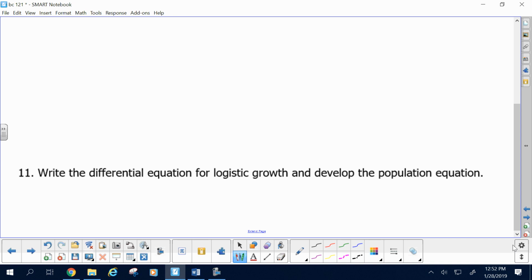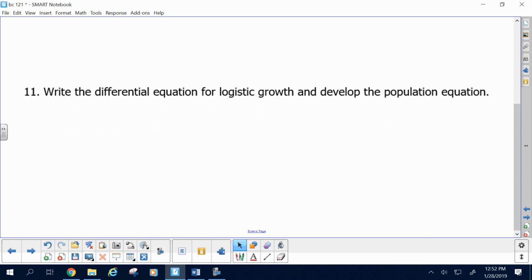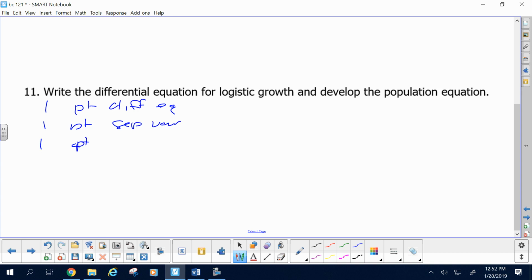And then the last one. Gosh, I was really happy with how this went. You guys did really nicely. It was 7 points. 1 point for the differential equation. 1 point for the separation of variables. 1 point for the partial fractions. 1 point for the integration. 1 point for eventually getting to plus or minus e to the c. 1 point for using the initial condition of time equals 0, P equal P initial.